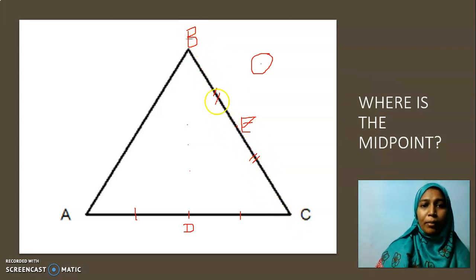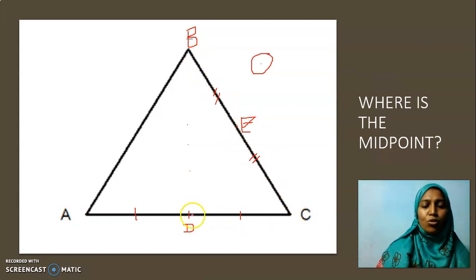And you cannot compare BE with DC. The measure of AC need not be equal to the measure of BC. Do you understand why we make use of these small lines in triangle diagrams? It is to indicate those two are equal. EC and EB are equal. Here DA and DC are equal.